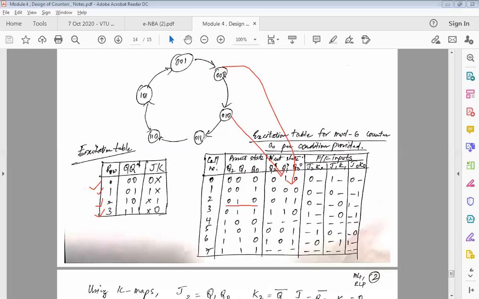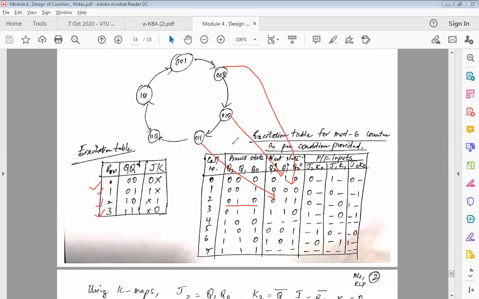For 010, it is 011, so that value will come here. I think now you have understood how we have got this table. Have you all understood? Yes. Can I have some response, please? Yes, sir.